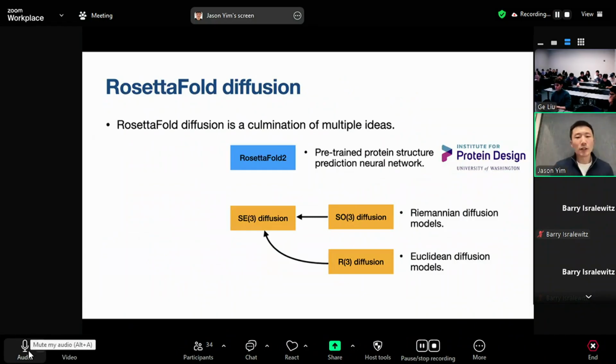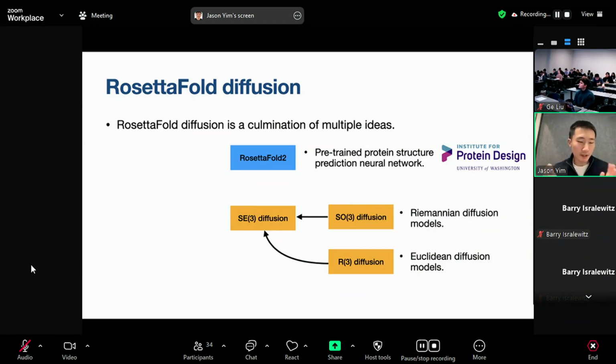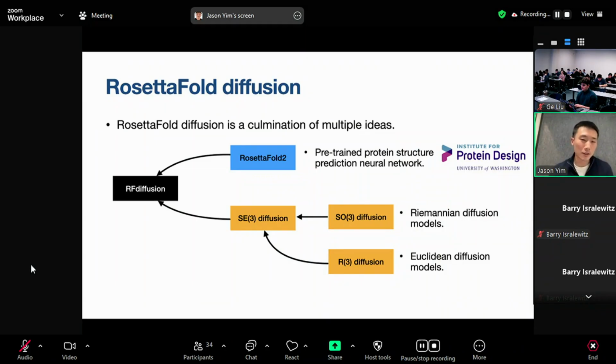All right, so RoseTTAFold diffusion was a combination of two ideas, basically. At the IPD and David Baker's lab, they've always been advocating for using pre-trained models. We have a model called RoseTTAFold 2 that's very similar to AlphaFold 2, and it's a pre-trained protein structure prediction network. Then we came in with diffusion, and the answer was, okay, let's combine RoseTTAFold 2 and diffusion in some way.